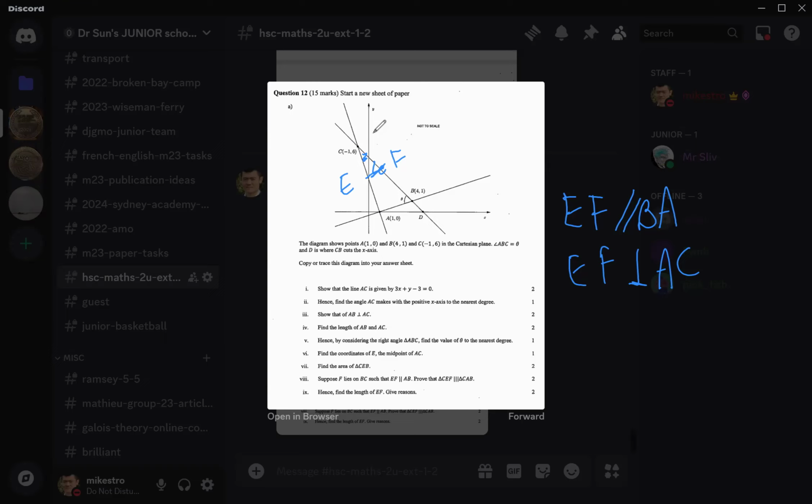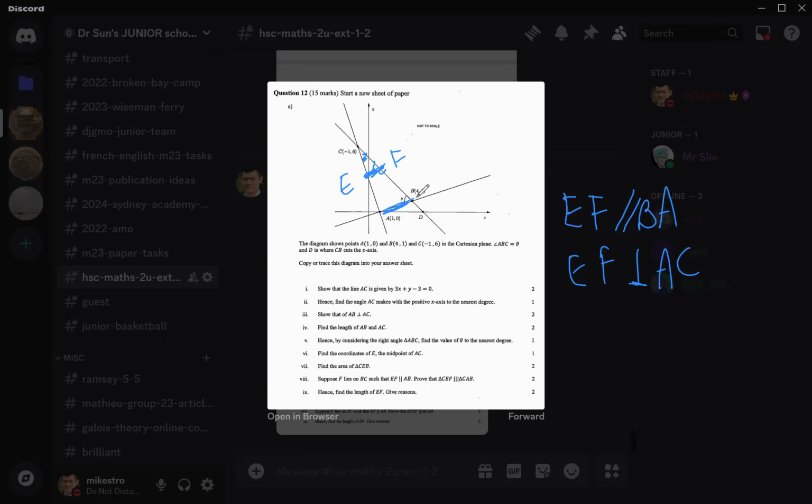Hence, find the length of EF, give reasons. Okay, well, obviously, if they're similar, EF is half the length of AB, right? AB was root 10, so the length of EF is root 10 on 2.